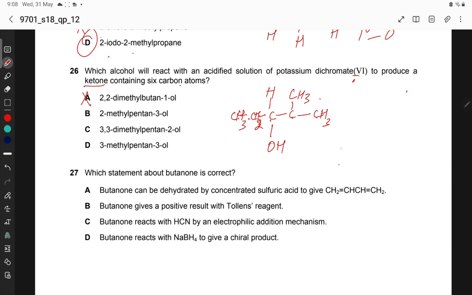So CH3, CH2. This is a secondary alcohol, so a ketone is formed, and it contains 6 carbon atoms. CH3, CH2, C double bond O, C, CH3, CH3. 1, 2, 3, 4, 5 and 6. 6 carbon atoms and a ketone group is formed. So this option is correct.